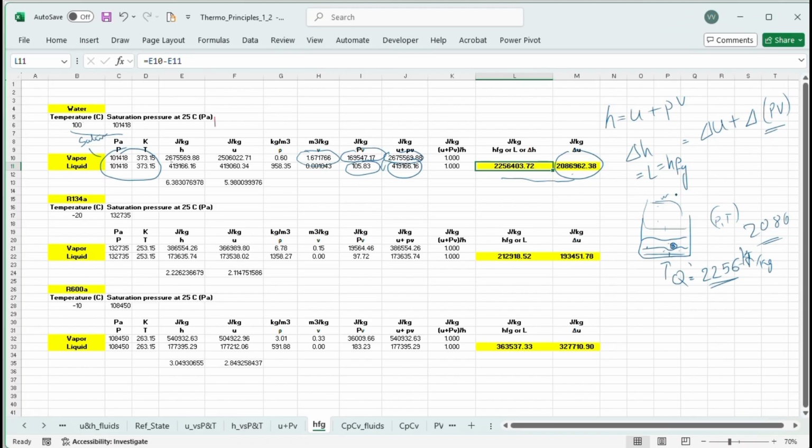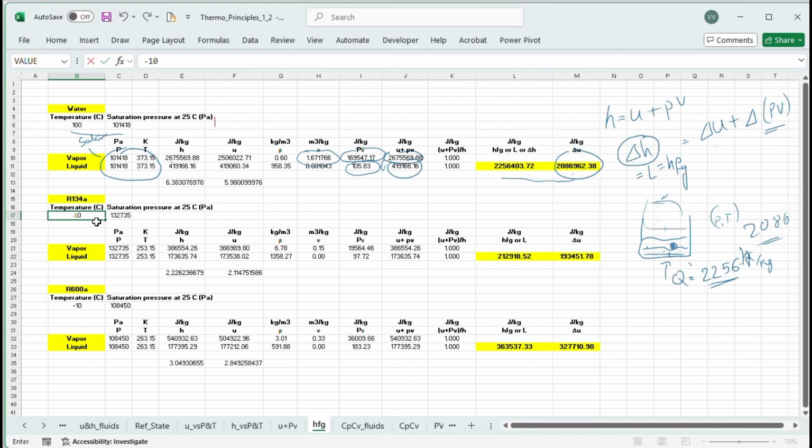So that's why we use enthalpy in such situations rather than directly looking at the change of internal energy. Something to think about. And you can look at the same properties for other refrigerants here. Now, for some calculation, if you want to know the enthalpy of vaporization of any of these at a different temperature, you just change the temperature here.